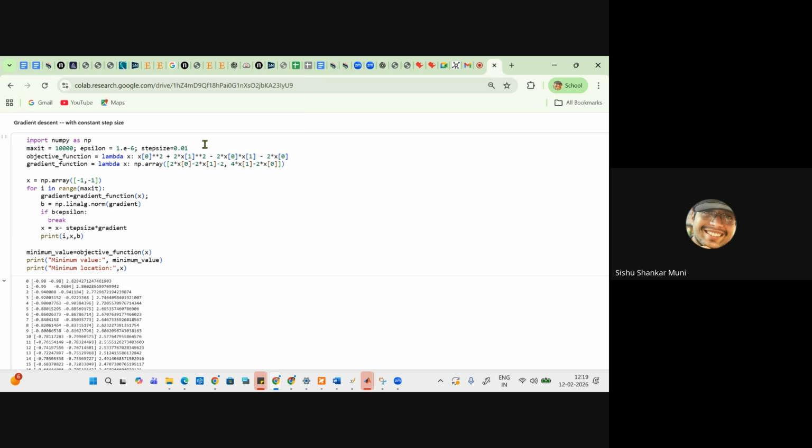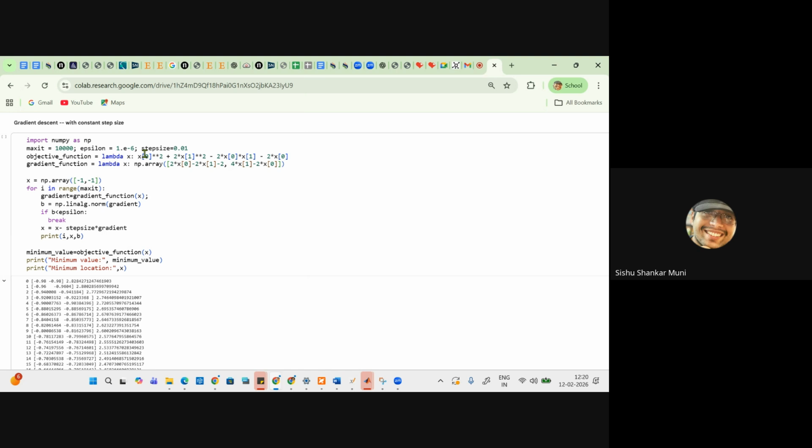The objective function means the function we want to minimize. Can you compare with your notebook that it is exactly the same function which we did in class? I have taken x0 as x and x1 as y. It's a lambda function in Python.